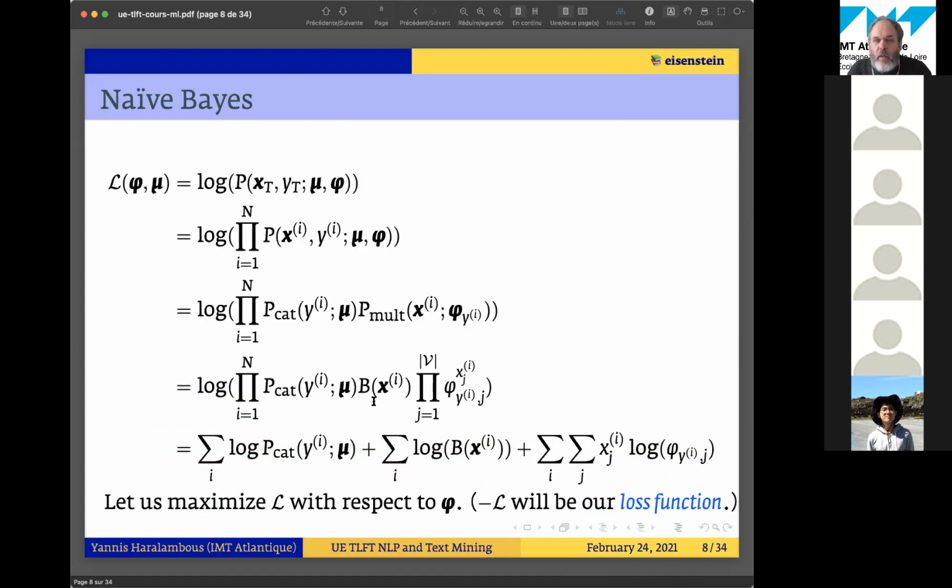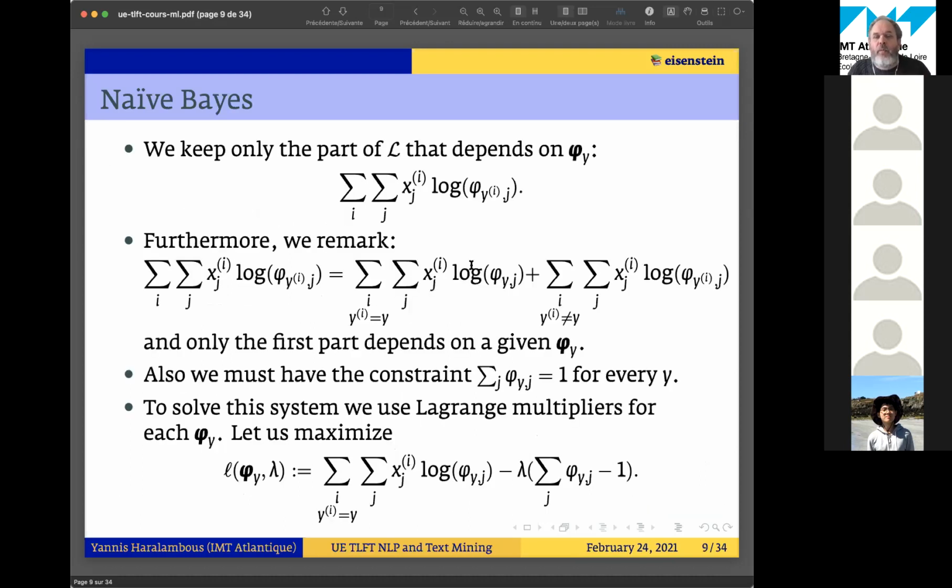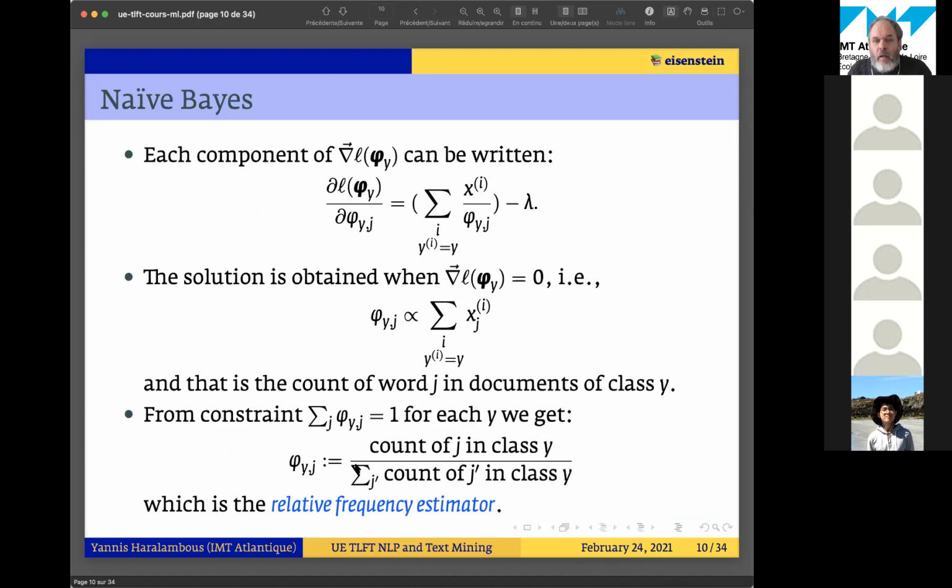I examined when it's optimal. So how do I calculate mu and phi by using the likelihood? When is the likelihood maximal in these cases? And I arrived at the conclusion that in this case, phi yj is the relative frequency estimator.